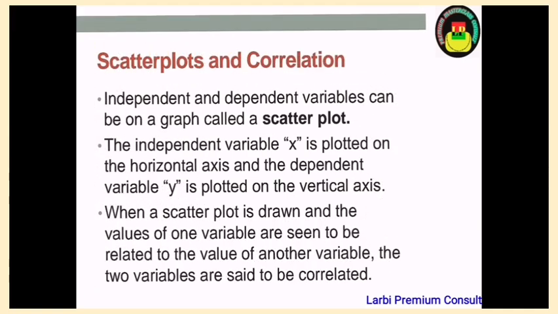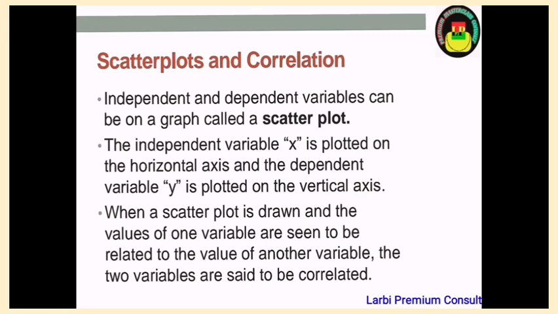Then we have the scatter plot and correlation. This is also another statistical tool that we actually use to determine a relation between two variables. So if you have two variables, let's say variable x and y, then we plot them on a graph. We want to establish the relationship that exists between variable x and variable y.